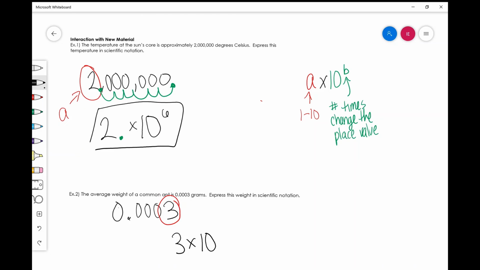To figure out what power it's going to be, we need to see how many times we move our decimal place. If my decimal place is after my 3 in my scientific notation, how many times do I have to move my decimal place over to be in the correct spot?